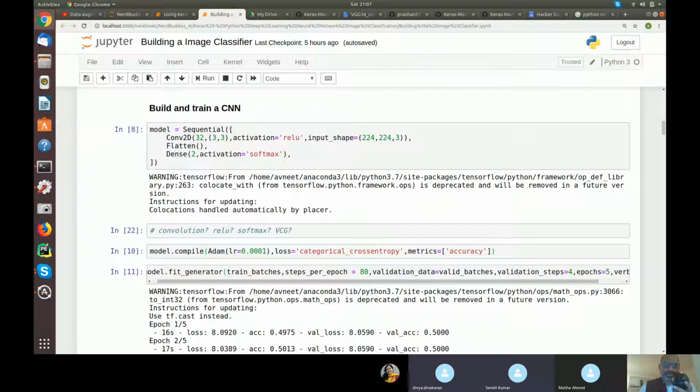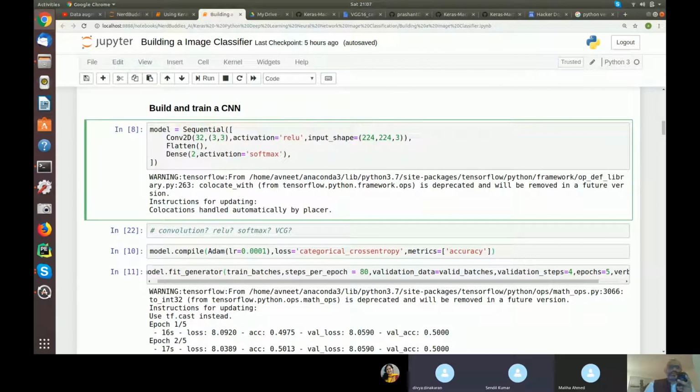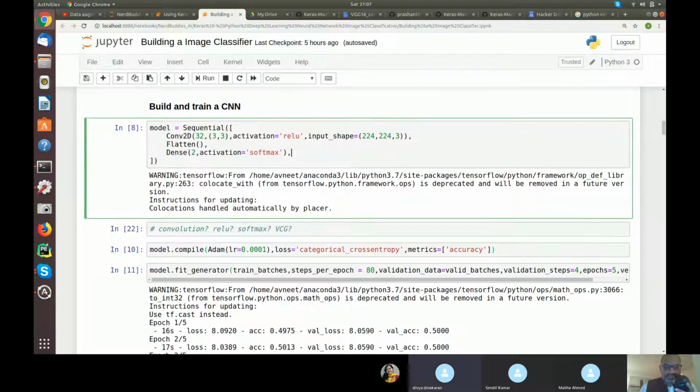So the next step. There are essentially three steps that we will always use when we are building models in Keras. The first step is where we define the architecture: how many layers there are, how many neurons in each layer, what kinds of neurons, what kinds of activation function.